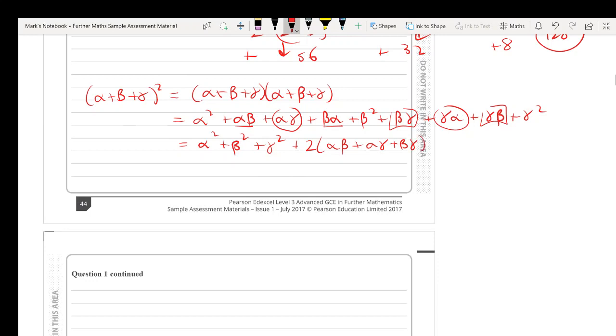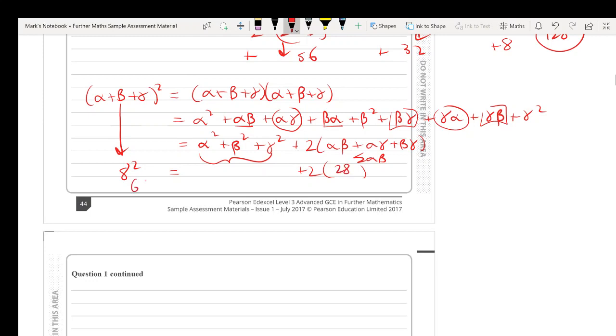Now, we know what this is because it was given to us from the original equation, so that was 8. So therefore 8 squared is equal to, this is what we're trying to find, plus 2 lots of the sum of the pairs of roots. So this is 2 times 28.